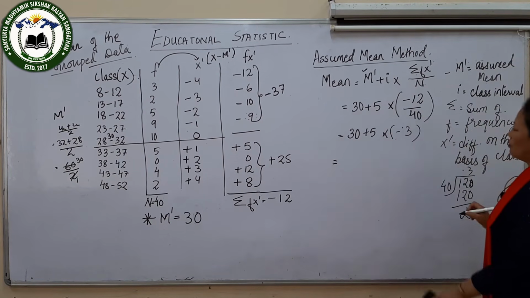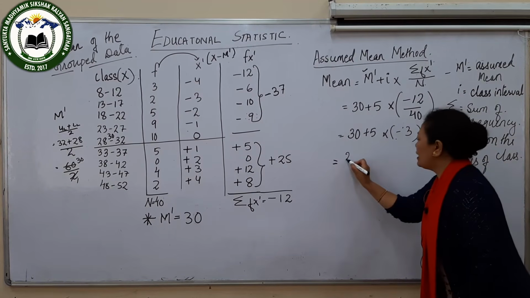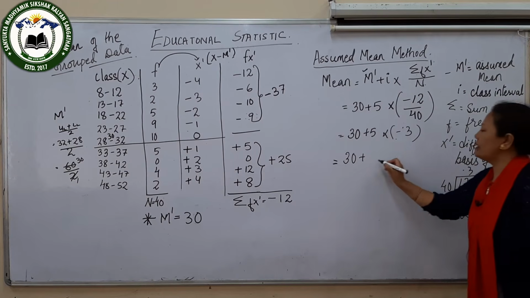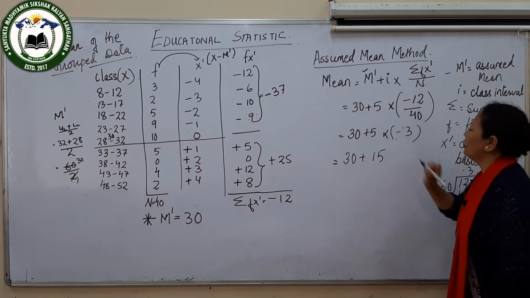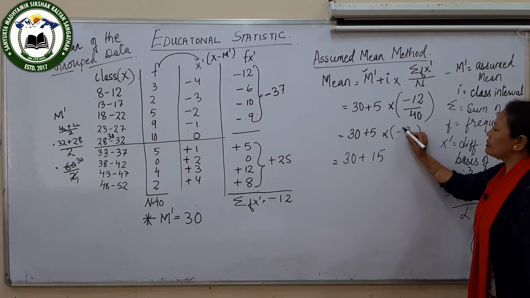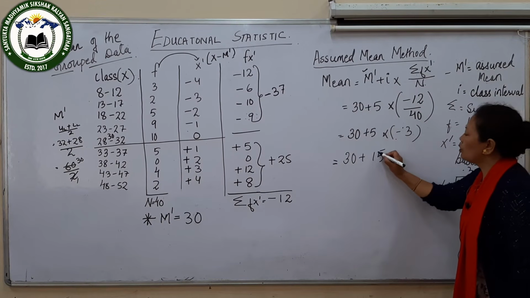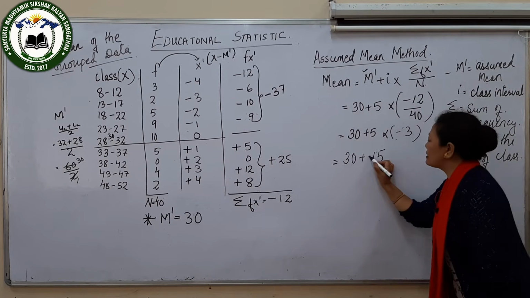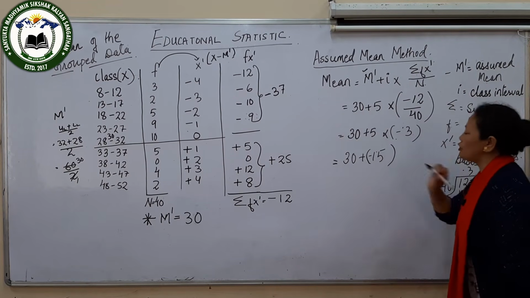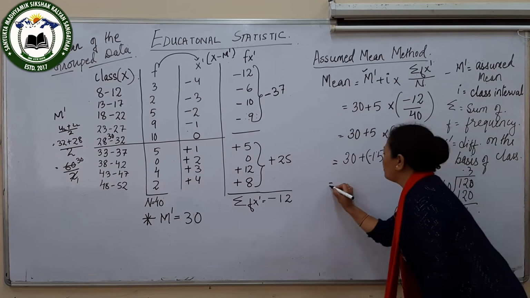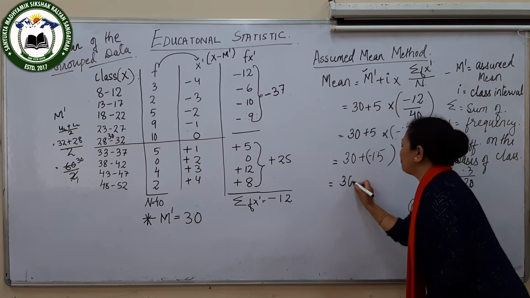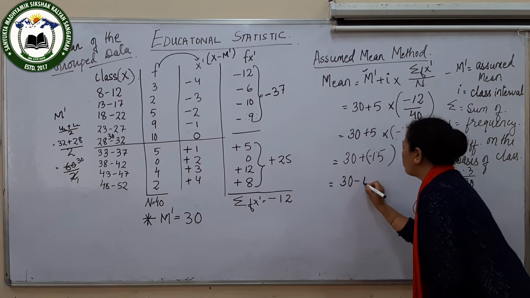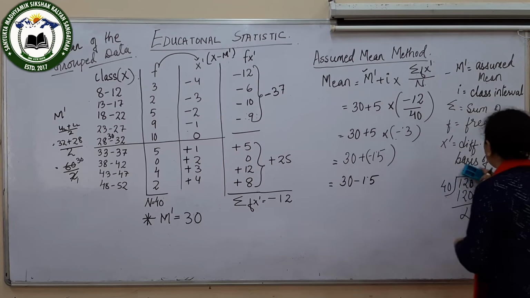Now, we'll write 30 plus 5 into 0.3. That is 1.5, and after the decimal point we have one number, so we write the decimal point over here, and we have the minus sign, so I'll put this one into bracket. Now, next is 30 plus 5 into minus 0.3 is minus 1.5.